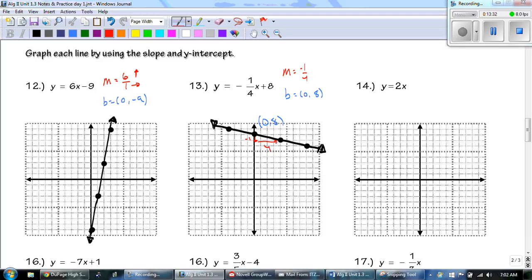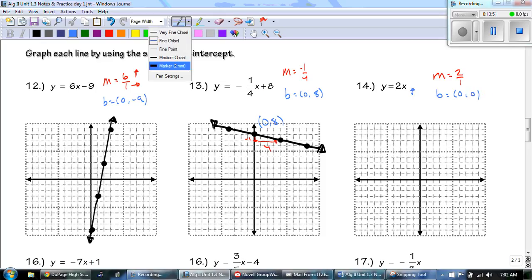Okay, number 14. So number 14, I see that my slope is 2, and I want that as a fraction, so it's 2 over 1. But what's my y-intercept? Well, remember, when there's nothing there, we're talking about the point 0, 0. Okay? So at 0, 0, that's where we begin, and we're going up 2 over 1, up 2 over 1, up 2 over 1, up 2 over 1, and I'm going in both directions.